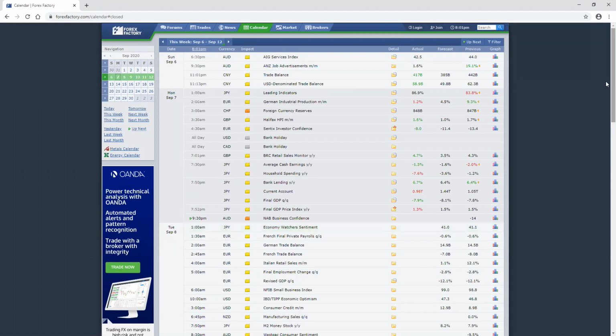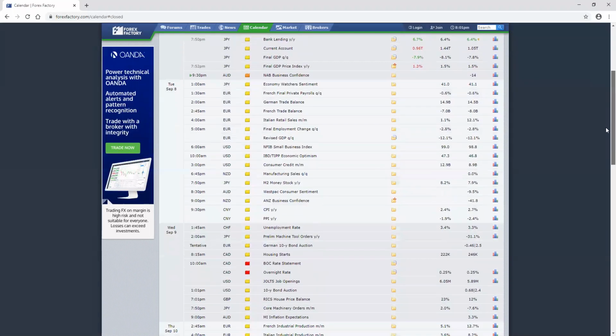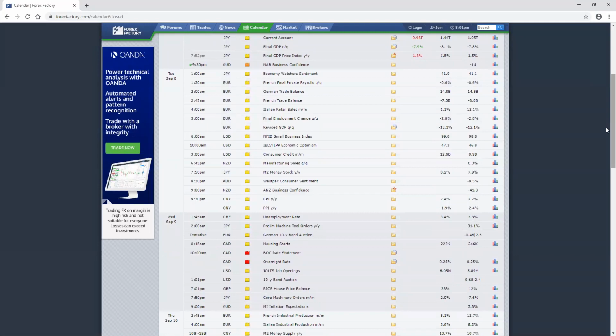So going on through the rest of the week, tomorrow we don't really have a lot of high impact news coming out. We do have some economic news coming out from the US, like consumer credit, and we have small business index news coming out.